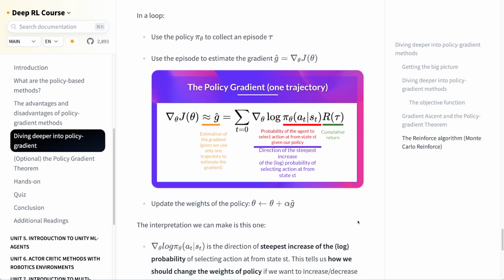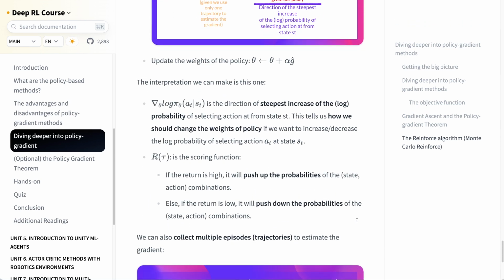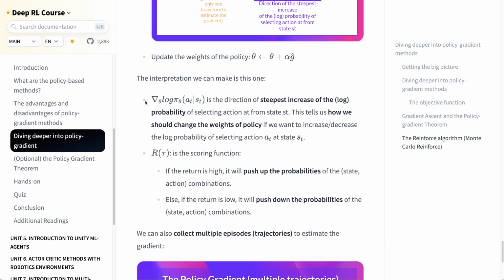Great. By this estimation instead. The interpretation we can make is this one. This nabla log pi is the direction of steepest increase of the log probability of selecting action A from state S. This tells us how we should change the weights of the policy if we want to increase or decrease the log probability of selecting action A at state S. So this R of tau is the scoring function.